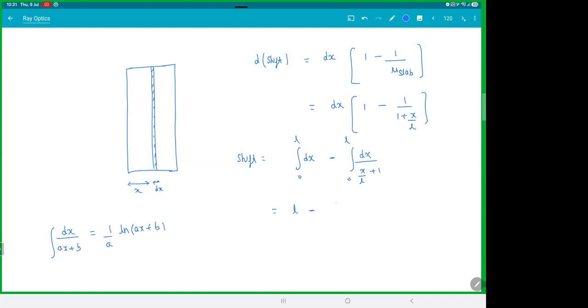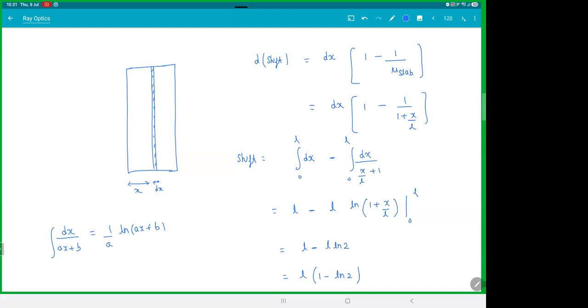Here a is 1 by L, so L goes up there and you get ln(1 plus x by L), with limits from 0 to L. Put 0, you get ln 1, which is gone, and this is L ln 2. So the shift is L into (1 minus ln 2). Is that clear, everyone?